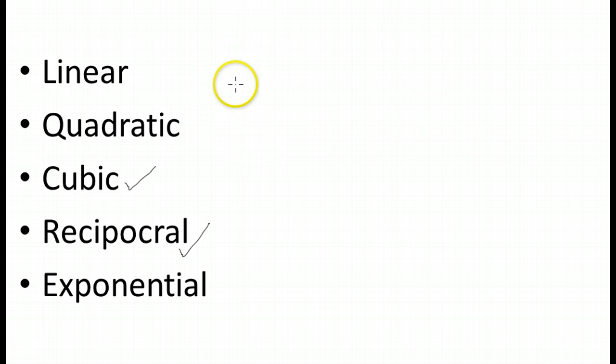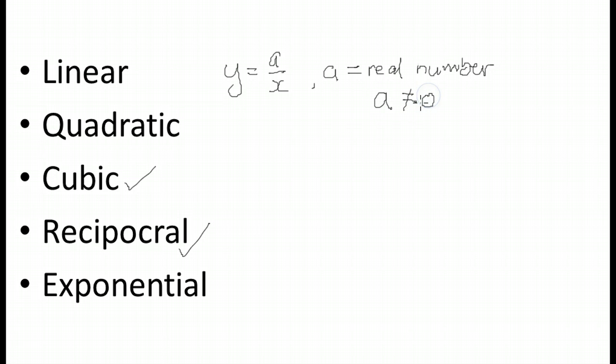A reciprocal graph is in the form of y equals a over x, where a is a real number and a is not equal to 0. In other words, we cannot have a graph of y equals 0 over x, because this would just mean that y equals 0, which also means that our graph would look like this.